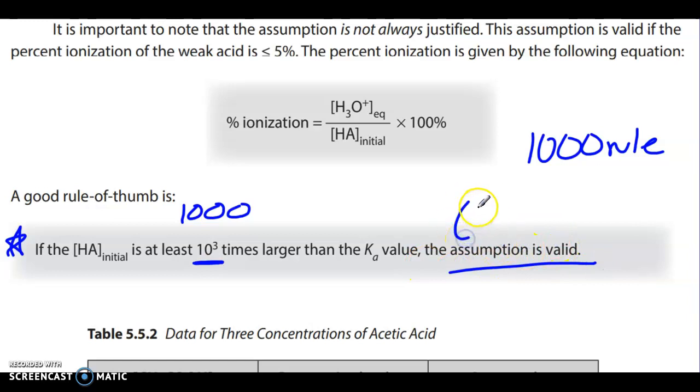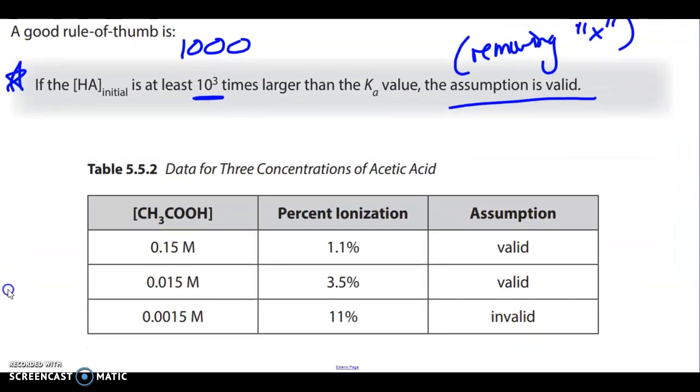And what we're talking about here is the assumption of removing X. When you are adding X or subtracting X, you can remove X if you deem it to be so small that it is insignificant towards your original value. You're going to see this come up when we do our calculations. Another way of saying it is that if you have a percent ionization of a weak acid that is less than 5%, you can basically ignore that X value.